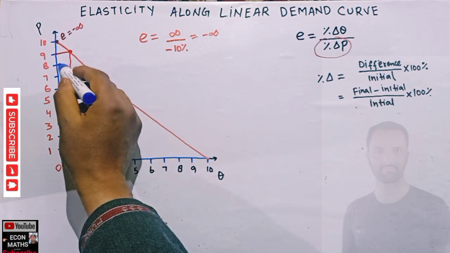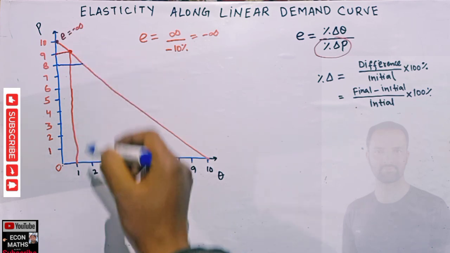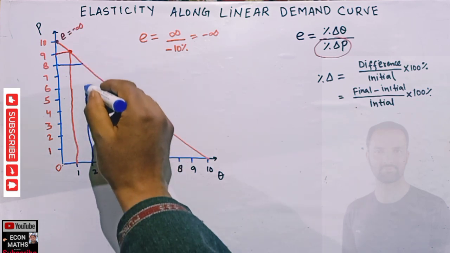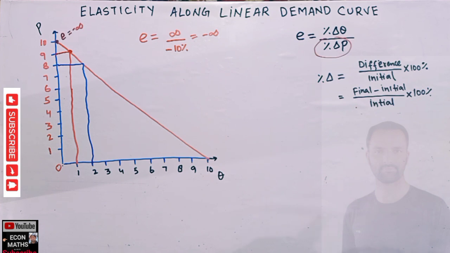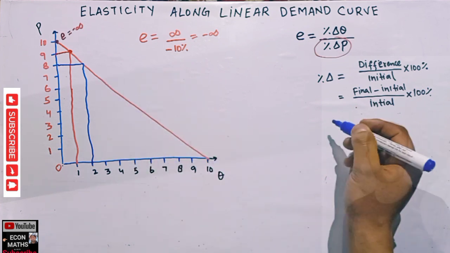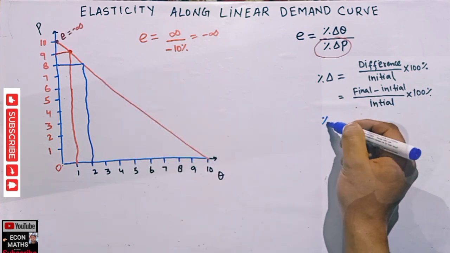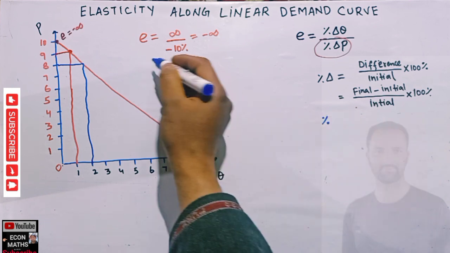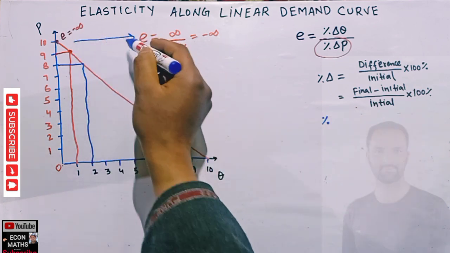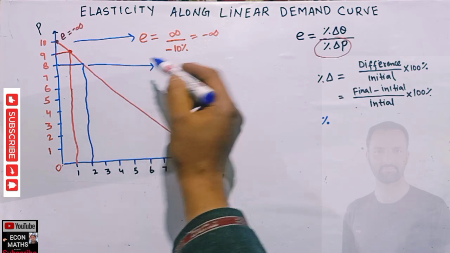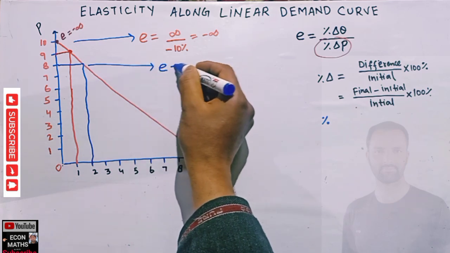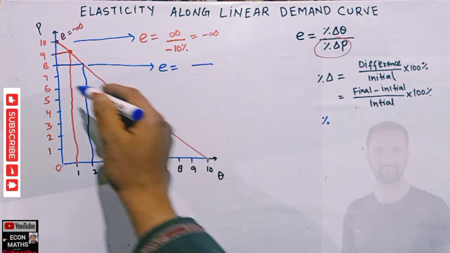That means we are at this point here. I will write this denotes this point. So let us see the elasticity at this point. Let us denote it by E. Now first we will see percentage change in price.